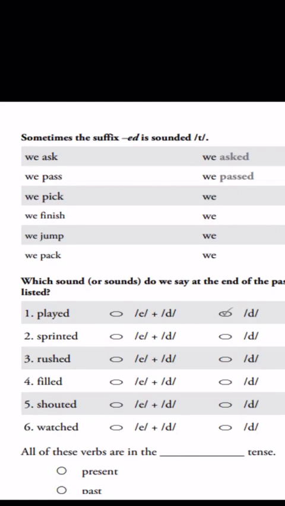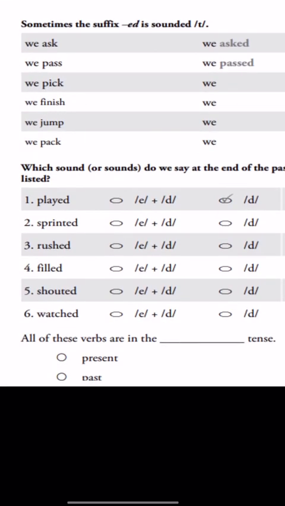Okay, you don't say asked with an ed sound. You say asked. And you might think you want to write what letter? A T, right? But no, you're going to keep writing that ED. Another example they gave us, we pass, we passed. We don't say passed with an ed sound, we say passed. And keep writing that ED. All right, let's move on to the next part.